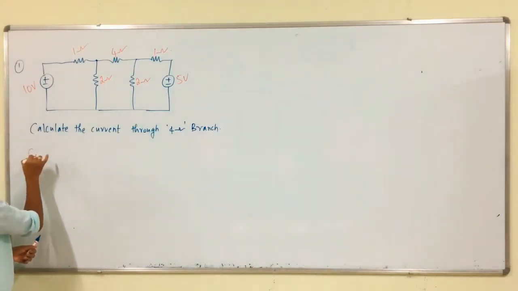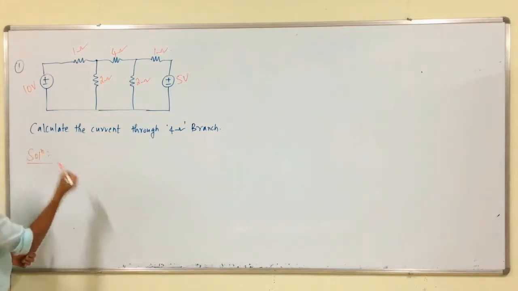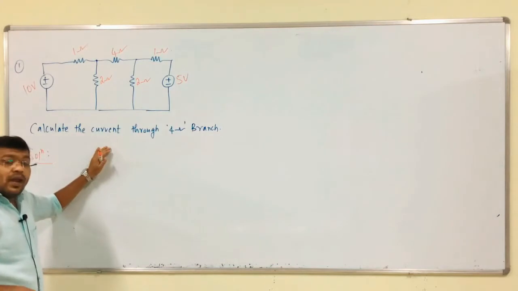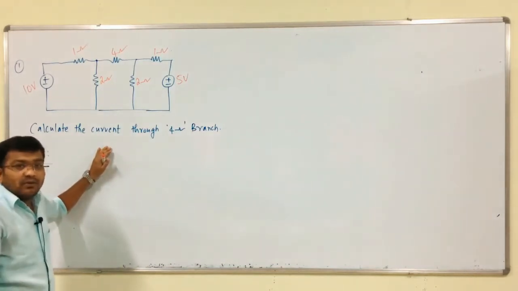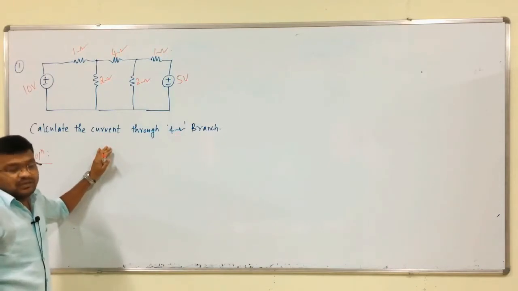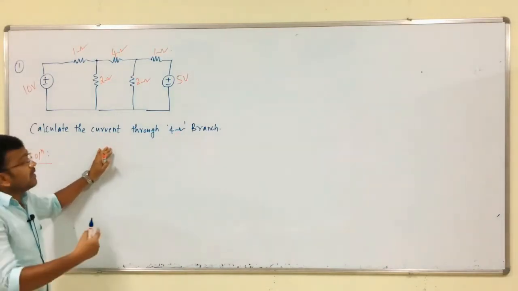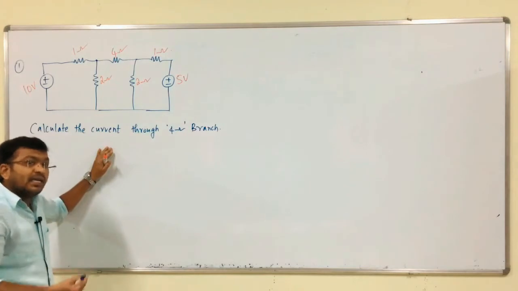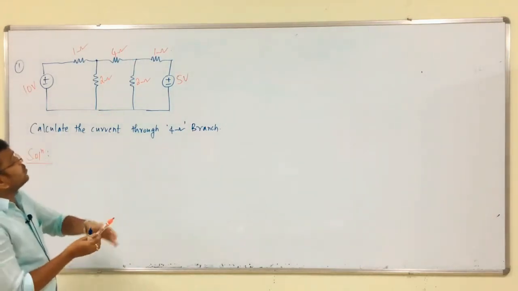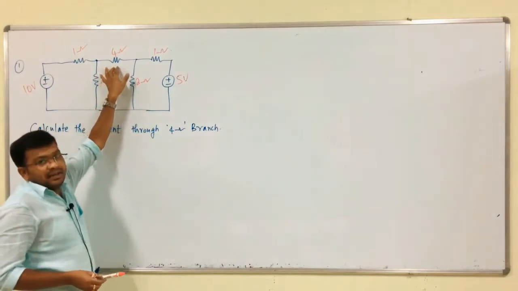Then the solution. Nodal analysis is the application of KCL, meaning we are developing current equations. Based upon KCL, we develop current equations, and by solving those equations we will get the corresponding current value of this branch.